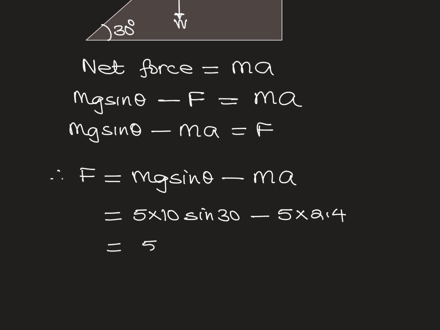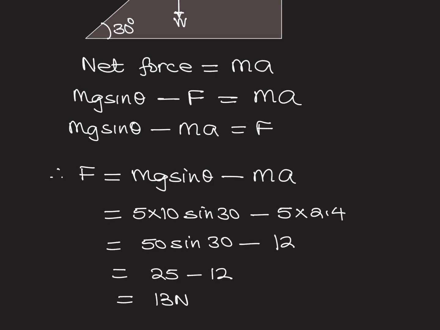So that will be 50 sine 30 minus 5 times 2.4, which is 12. So 50 sine 30 is 25, minus 12. And what is that? 25 minus 12 is 13 newtons. So the frictional force has to be 13 newtons.